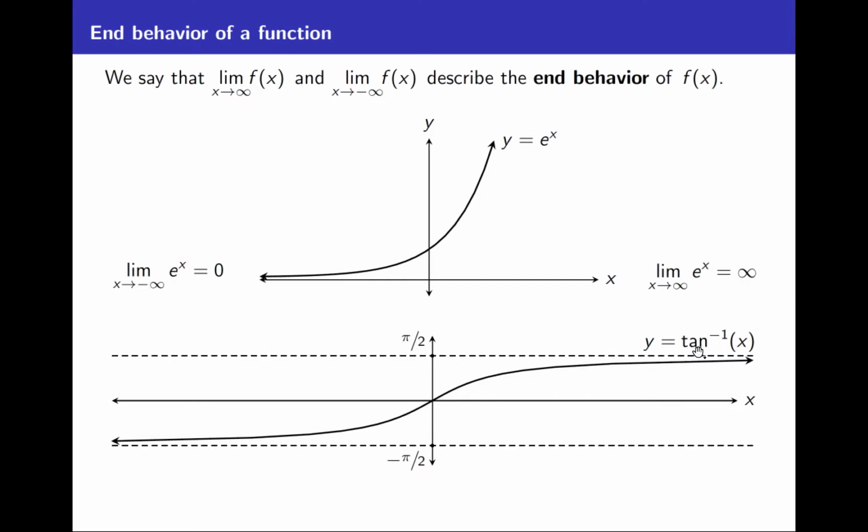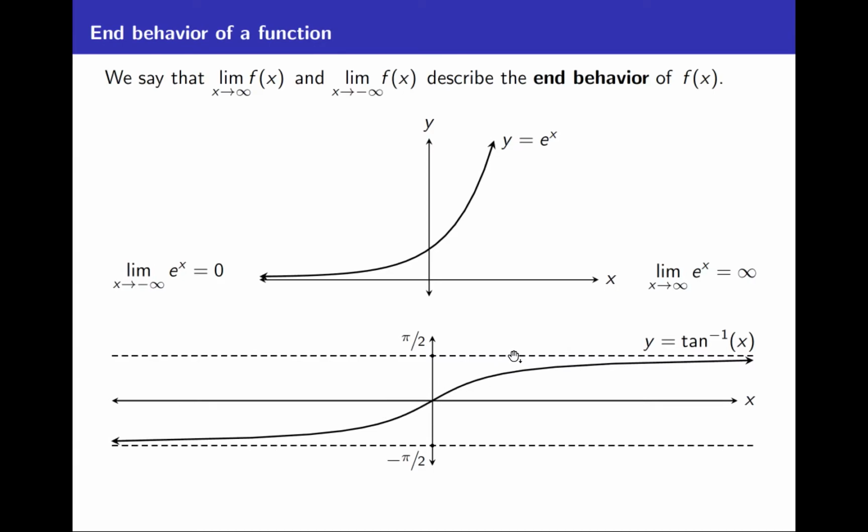For the graph of y equals tangent inverse of x, as indicated here, remember tangent inverse of x is the portion of the graph of tangent of x between negative pi over 2 and pi over 2 reflected across the line y equals x. So the graph looks something like this.